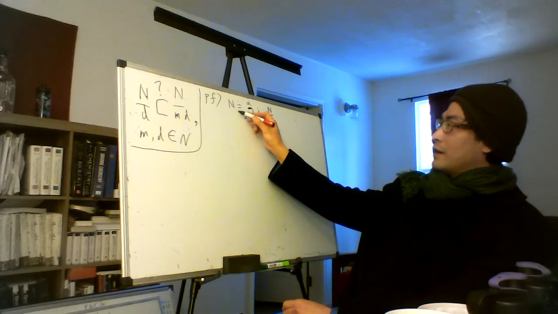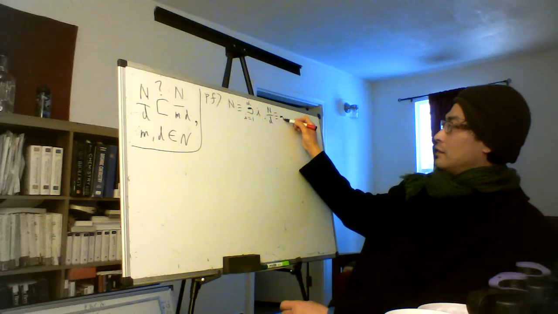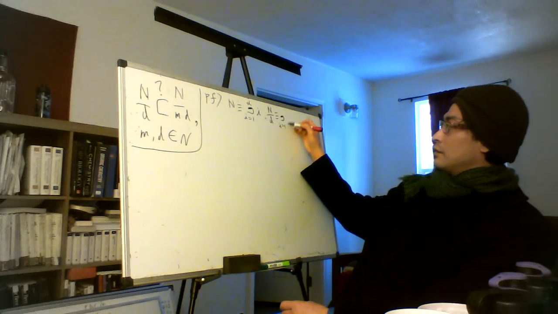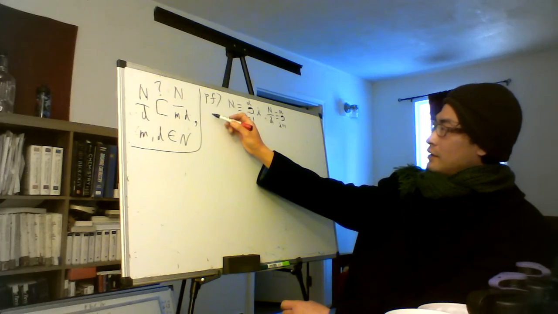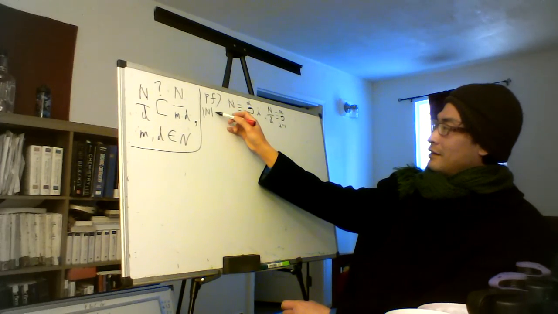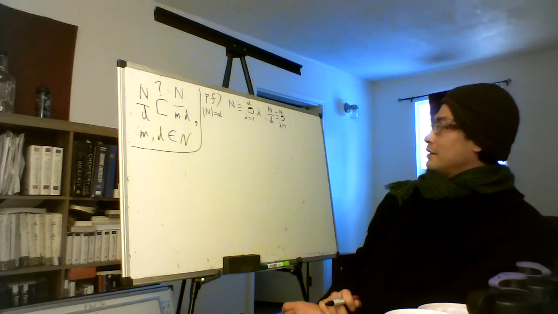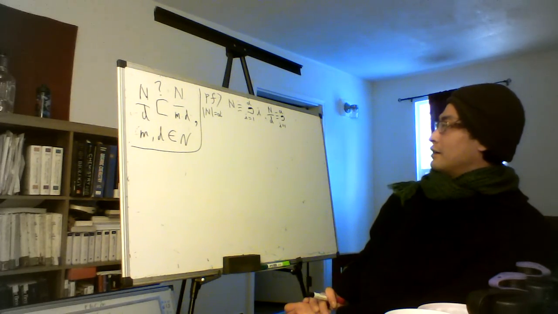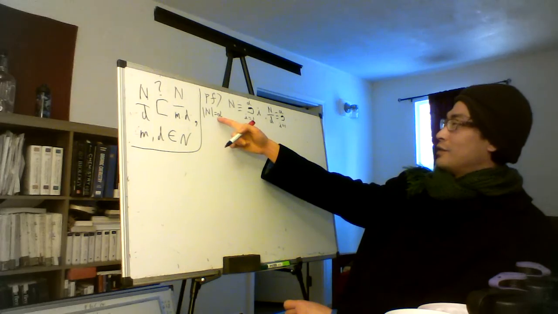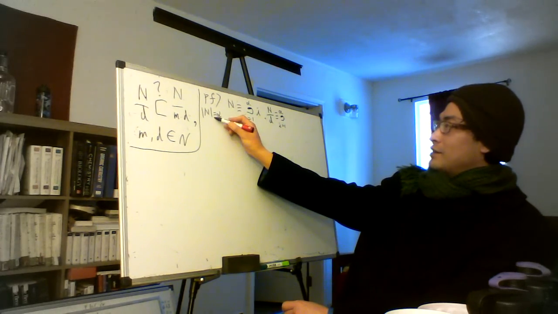By definition, given the cardinality of this countable infinite set, that's what alpha is.